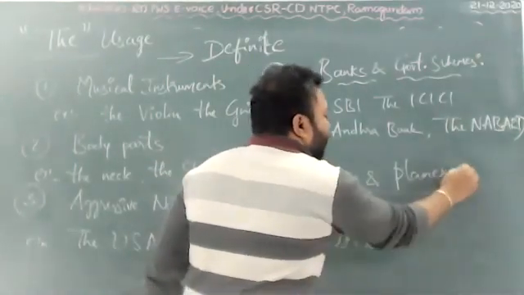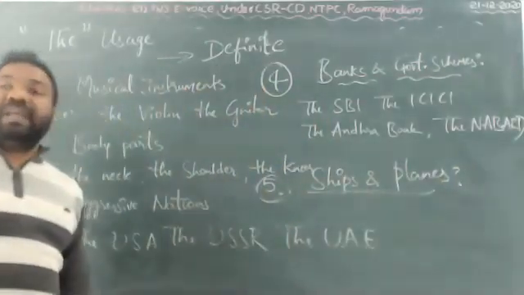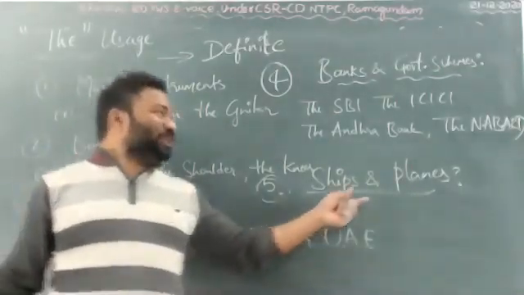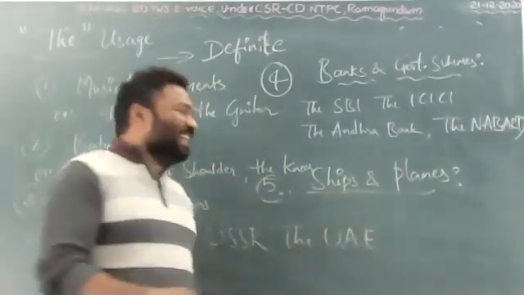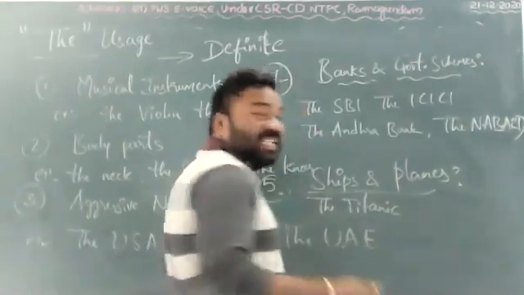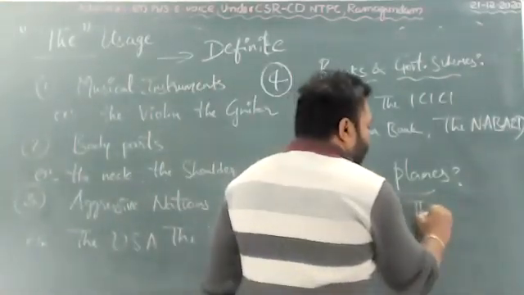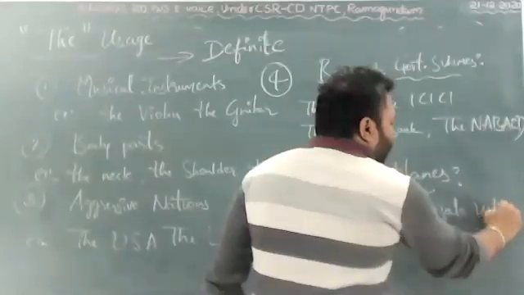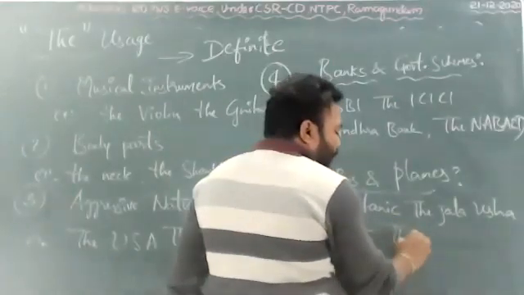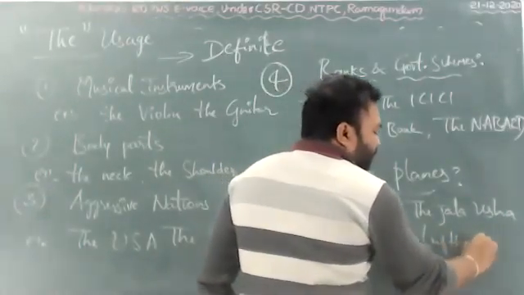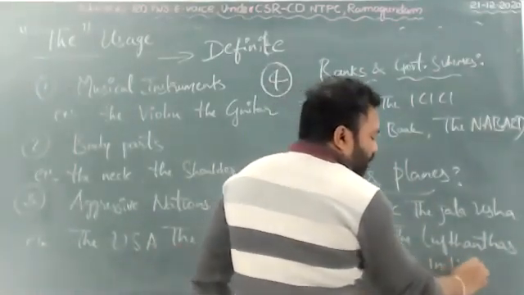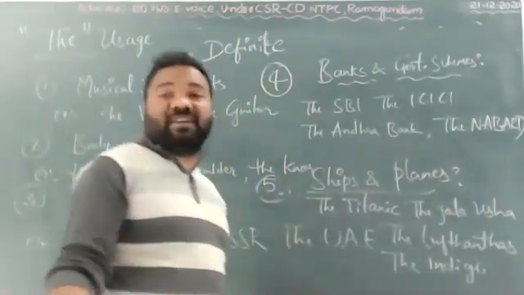Names of ships and planes. You know what? Most of the students, like the ship, they know only Titanic. Let's say the Titanic, the Jalausha, like planes, aeroplanes, like the Lufthansa, the Indigo, the Kingfisher.